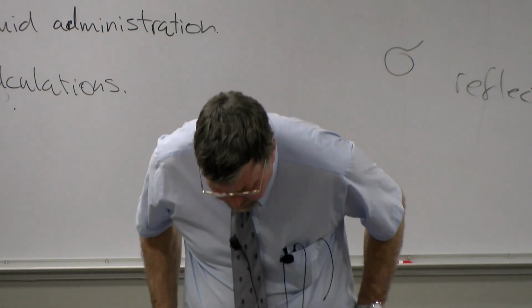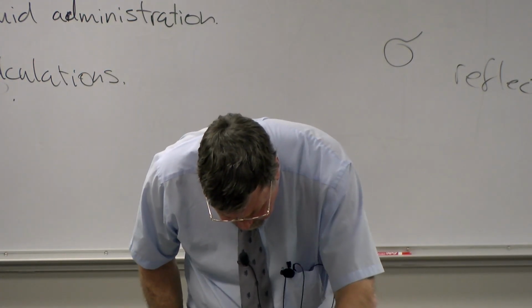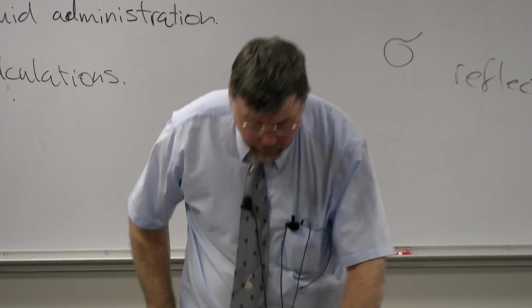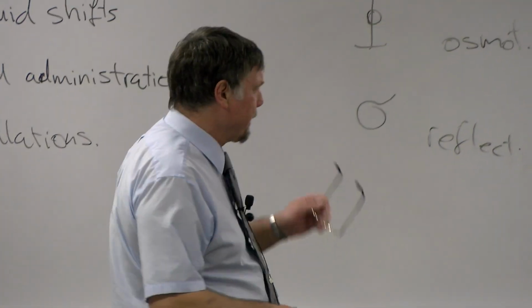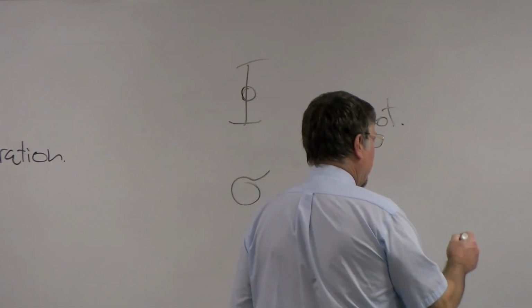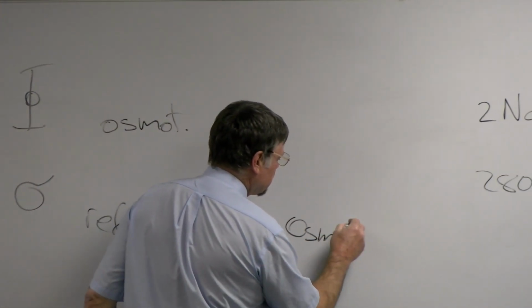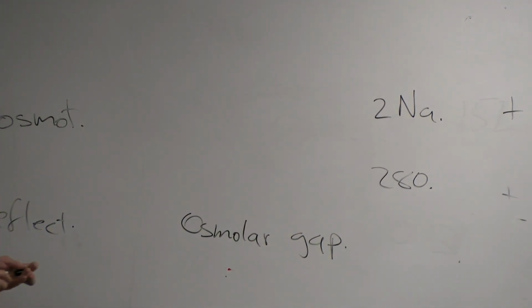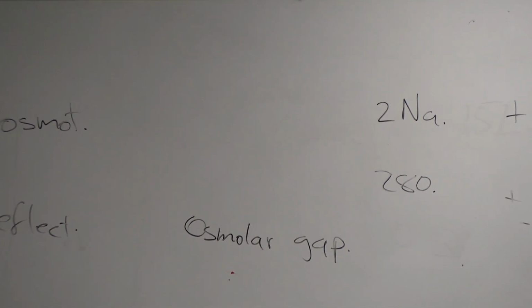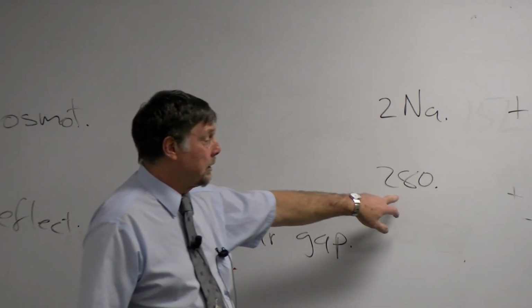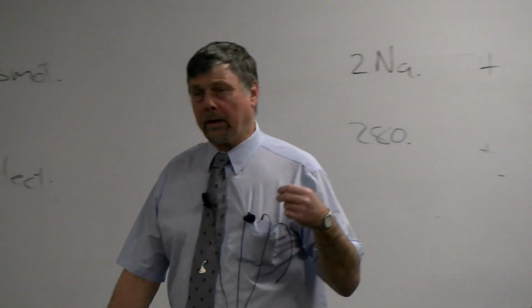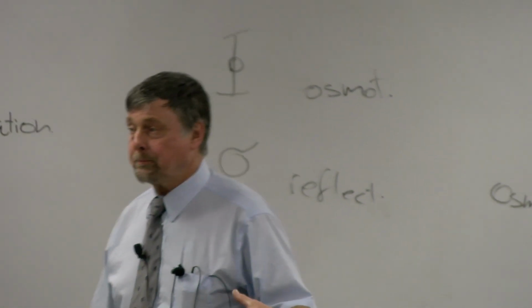Oh, and so going further down, okay, let's talk about the osmolarity gap or the osmolar gap. Because this is used clinically too. So, if you estimate the plasma osmolarity at 290, you would expect that probably if you measured my osmolarity, it would be 290.